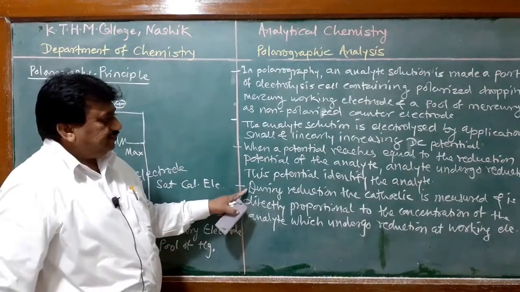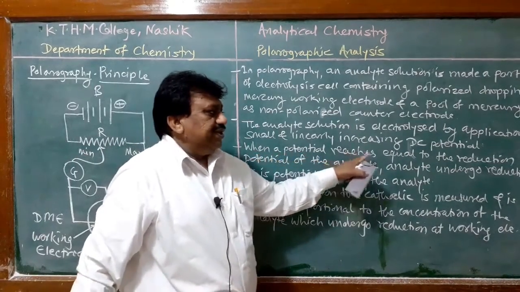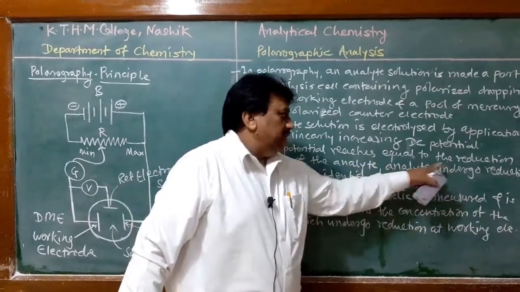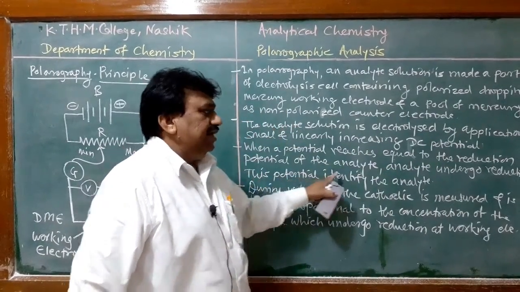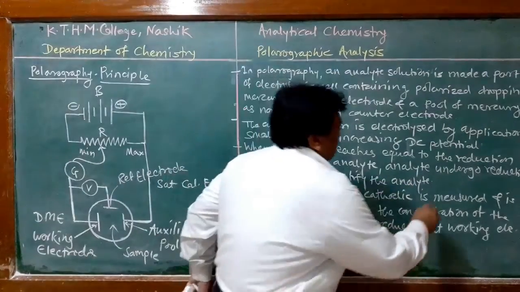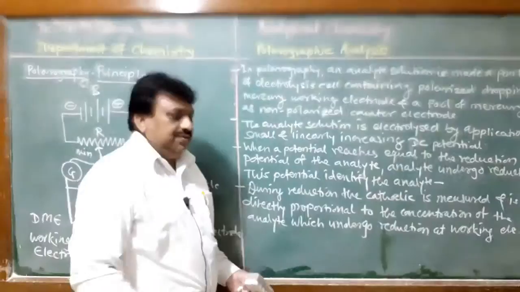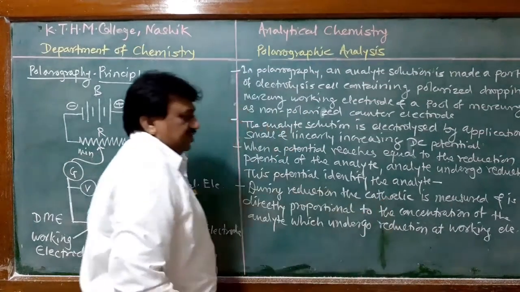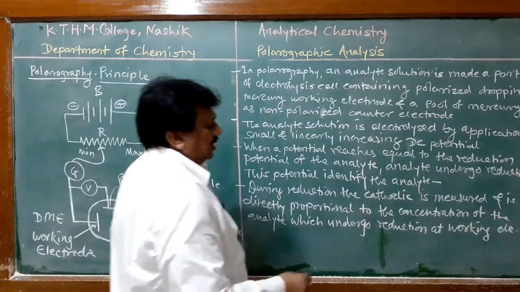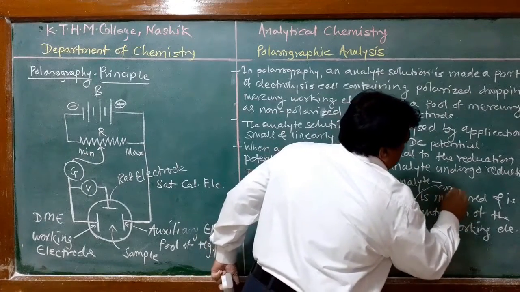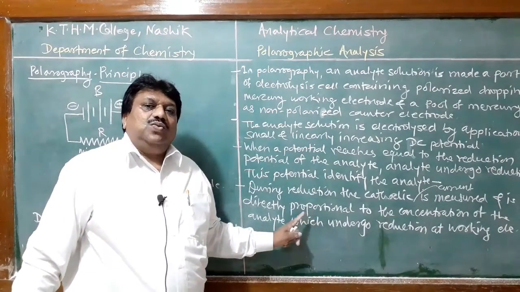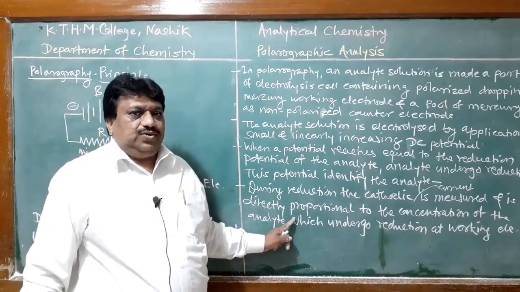Therefore, when the potential reaches equal to the reduction potential of the analyte, this potential identifies the analyte, meaning it is a qualitative analysis. During the electrolysis process, the cathodic current is measured and is directly proportional to the concentration of the analyte which undergoes reduction at the working electrode.